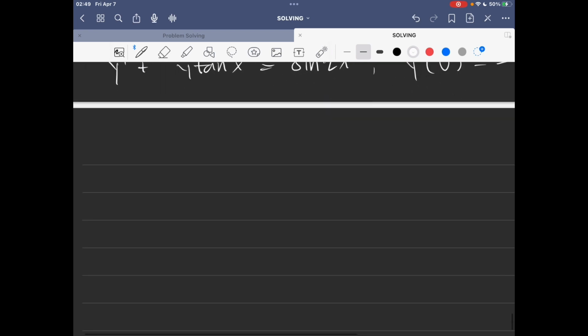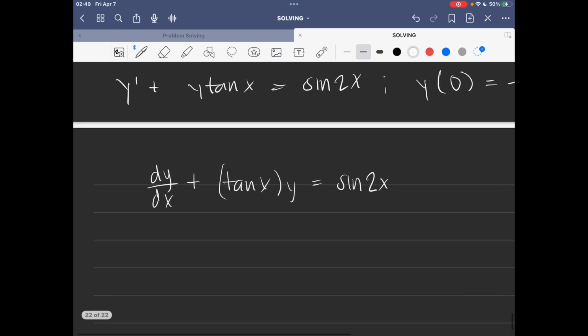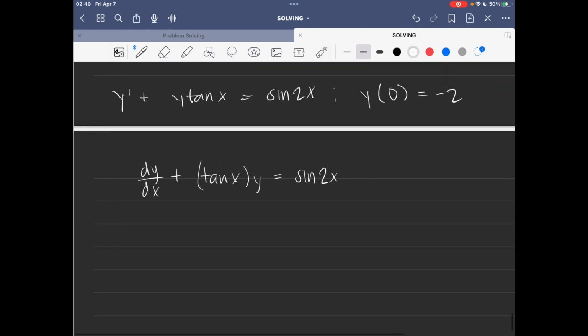Here we'll arrange the equation: dy over dx plus tan x times y is equal to sine 2x.